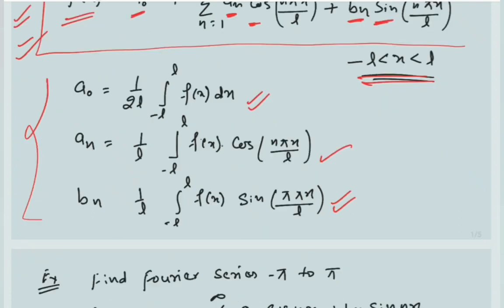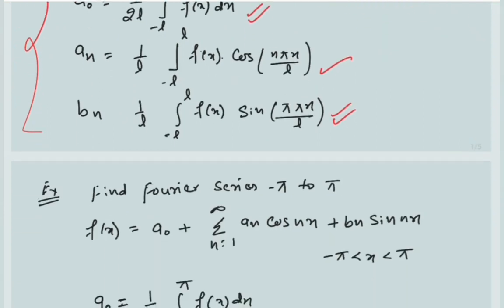Okay, so let us take an example. Before taking an example, if we put the value of L as minus pi to pi, then what will be the Fourier series? So find the Fourier series for minus pi to pi.